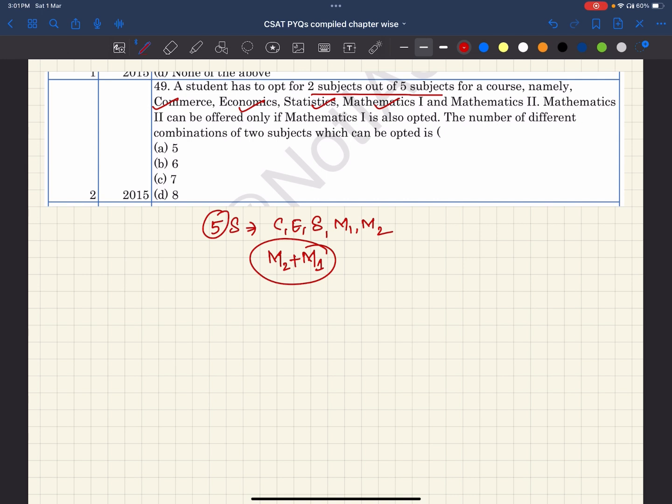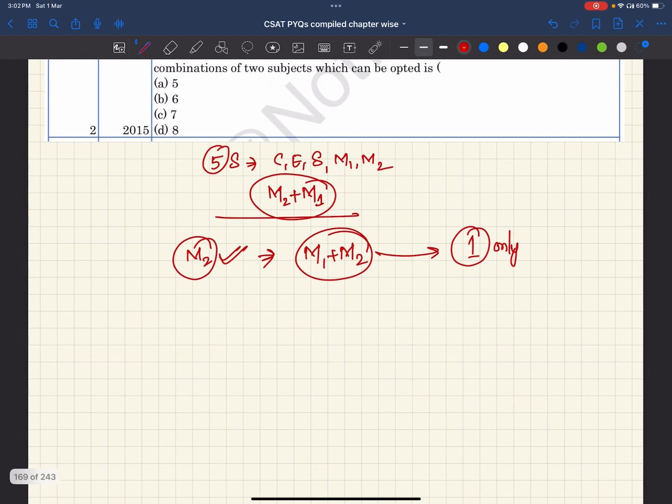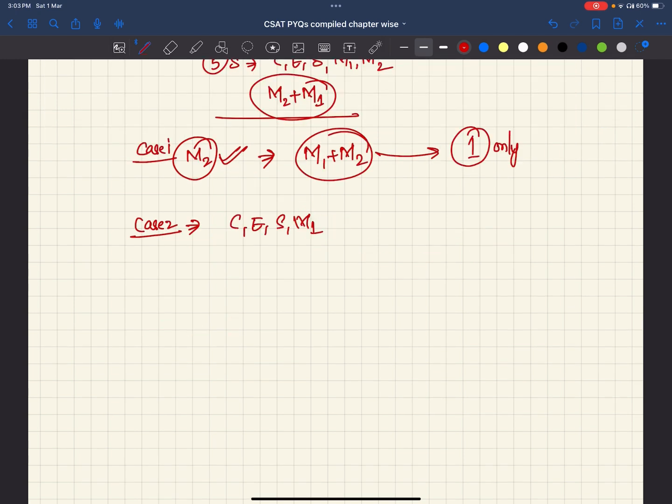Let's take the student is opting M2. He has to take M1 definitely. So M1 plus M2, this is only one combination. Now, I'll take the student is not opting for M2. This is case 2, no M2.